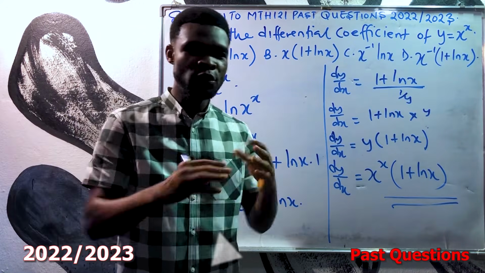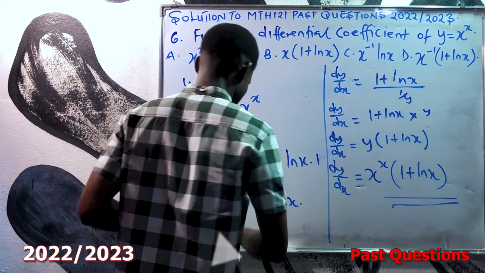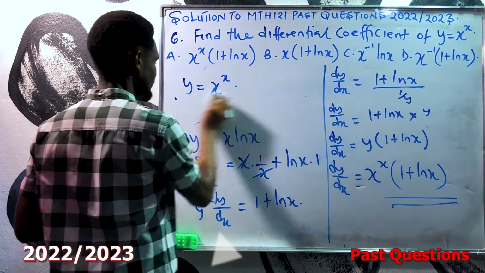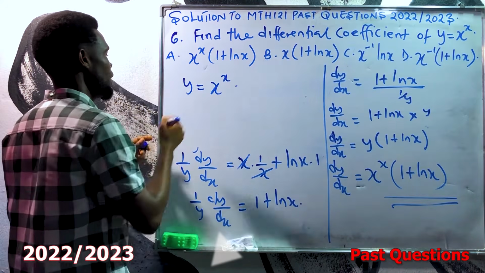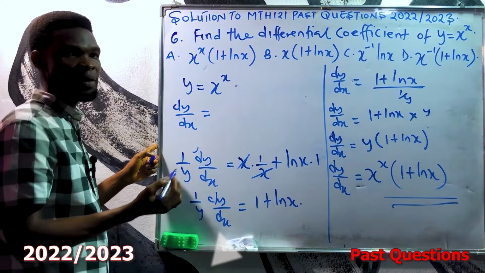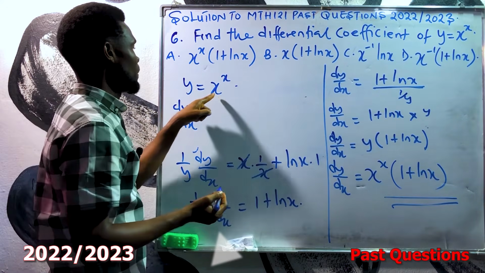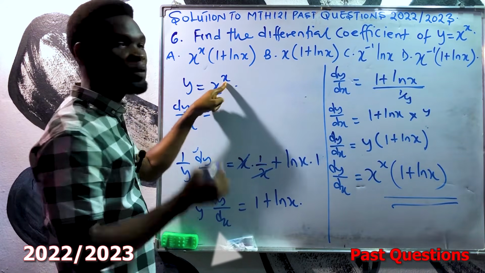You want to see the shortcut. It's very simple. If you are told that y is equal to x raised to the power of x, then dy over dx is equal to, it's very simple. What's the derivative of the power here? The derivative is 1.